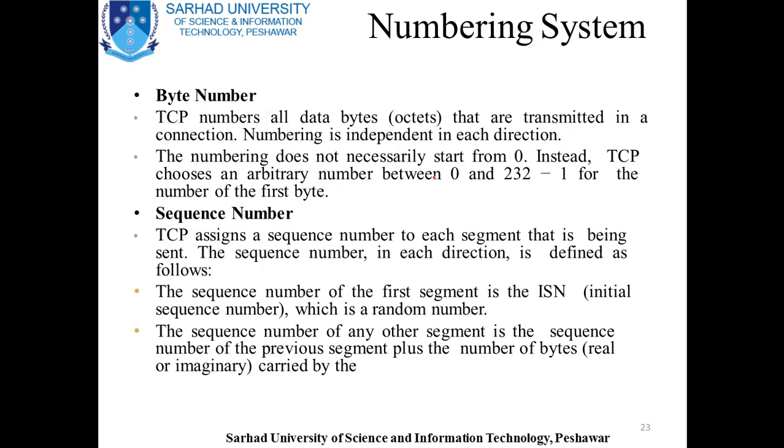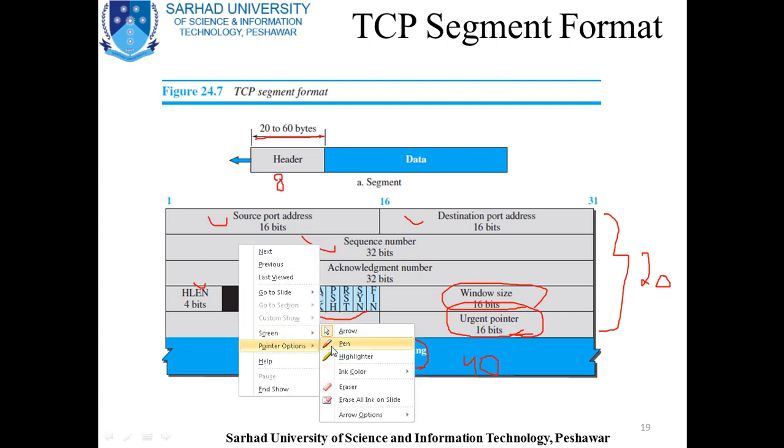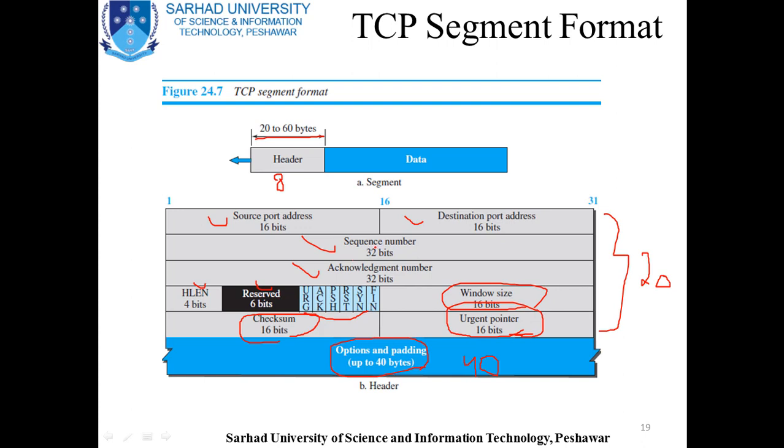Now, what is numbering system? Numbering system is very good if you want your network to be more accurate and more precise. Let's start with these things. What is sequence number? Sequence number is basically that your data is divided into small packets and it is received by the receiving end. So how will the receiver know the arrangement of the packets, like 1, 2, 3, and so on?